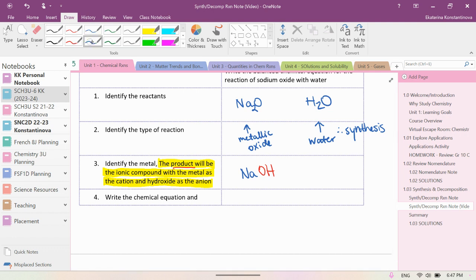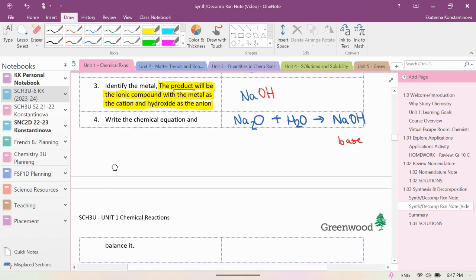Now let's write the chemical equation. I have Na2O, my metallic oxide, reacting with water, and it is going to produce NaOH, which is our base. Now before you're done, always check: is it balanced?